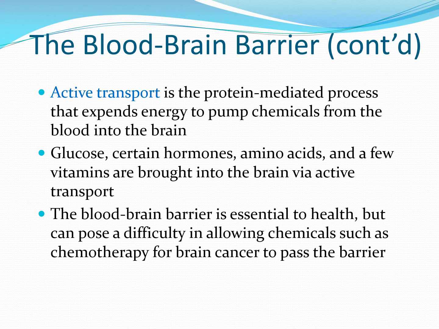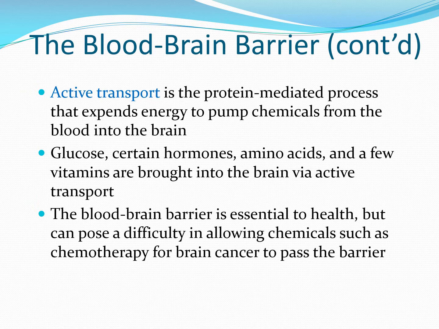So an active transport system allows for the passage of certain hormones, amino acids, and a few vitamins. Importantly, vitamin B1 or thiamine, which allows neurons to metabolize glucose.